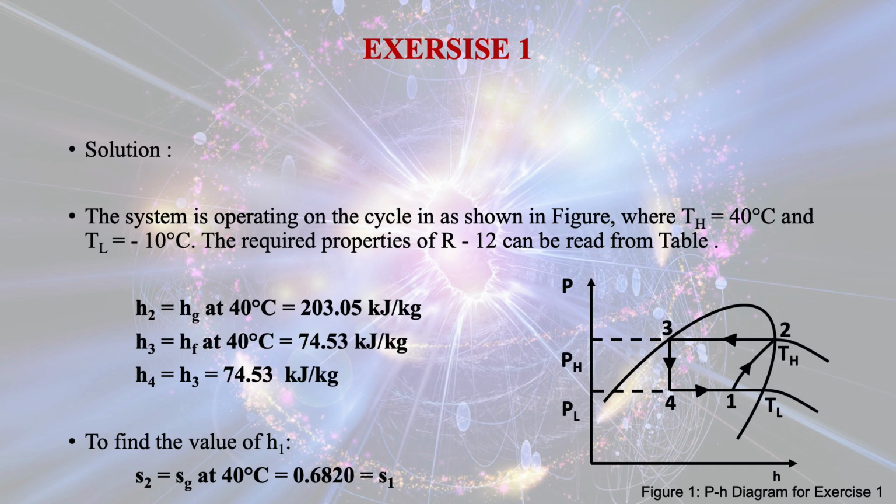For this problem, the system is operating on the cycle as shown in figure 1, where TH is equal to 40 degrees centigrade and TL is equal to -10 degrees centigrade. The required properties of R12 can be read from the standard refrigeration table.